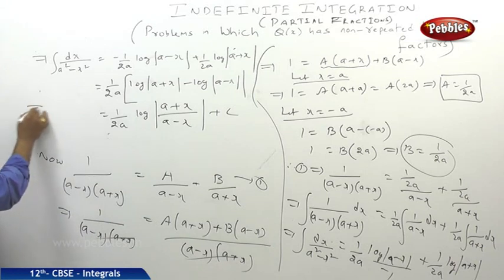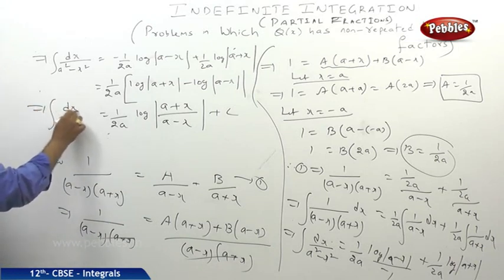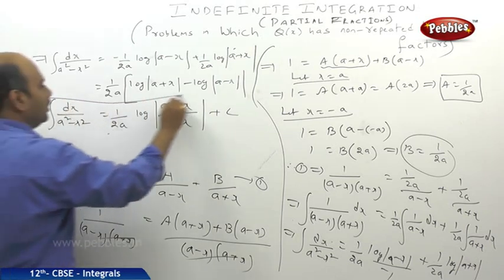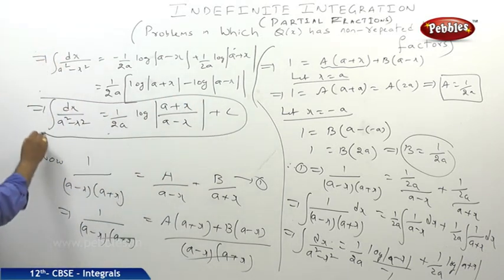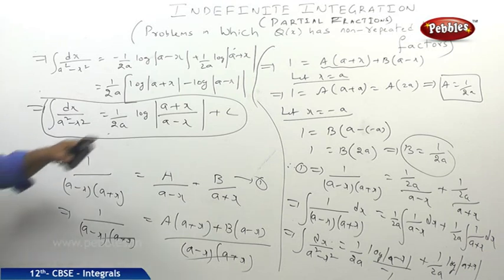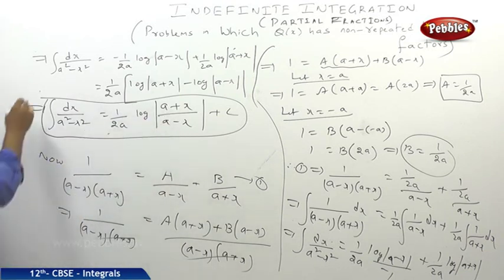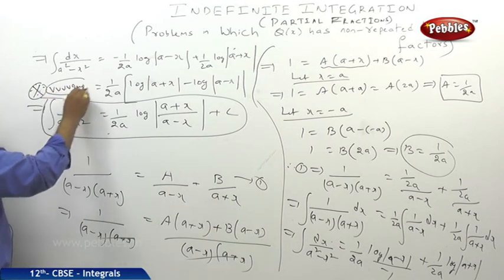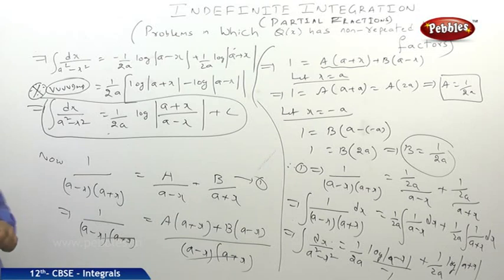So finally I conclude, dx by a square minus x square is equal to 1 by 2a log mod (a plus x) by (a minus x) plus c. This is a very important formula, and you should remember it as a formula as well as a problem for competitive exams.